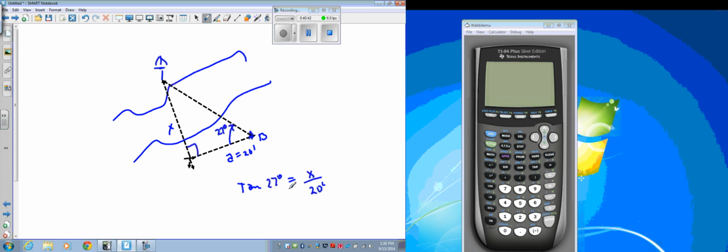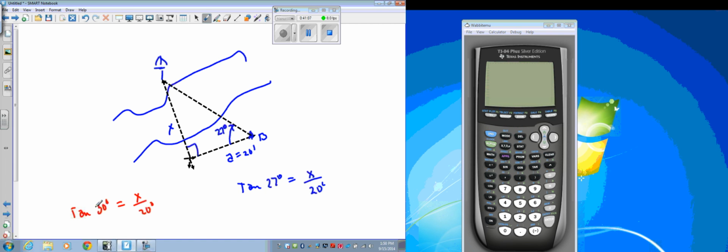Well, just for the purposes of getting an estimate, you can say, I'm just going to make sure that I'm close on my answer. I'm going to do the tangent of 30 degrees is equal to x over 20, because you know what 30 is, right?